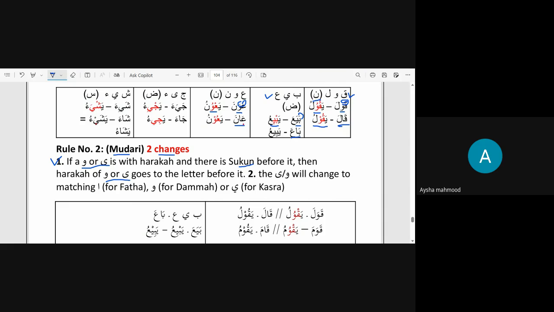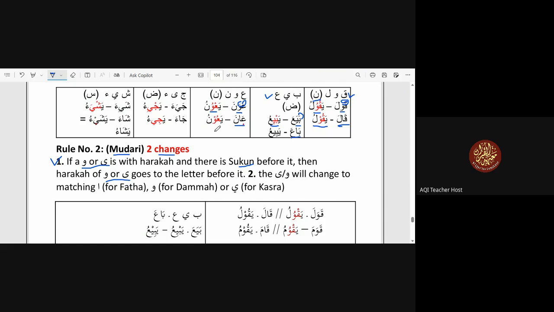We should remember when a weak letter has haraka and the strong letter is sukun, then we automatically have to take the haraka to the strong letter from the weak letter. It's like what you're saying, but this is another way to remember that we cannot have a strong letter with sukun and the weak letter waw or ya having the haraka.